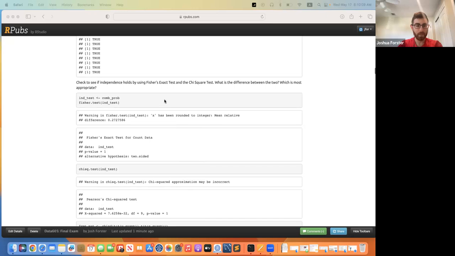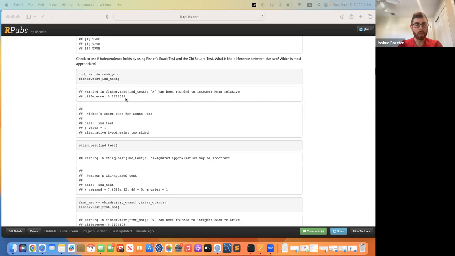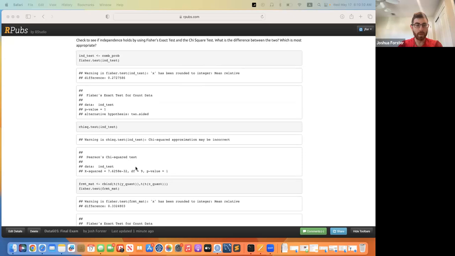When running those two tests, we get the output for the p-values and the statistics. We see very high p-values, and there is a warning related to this.